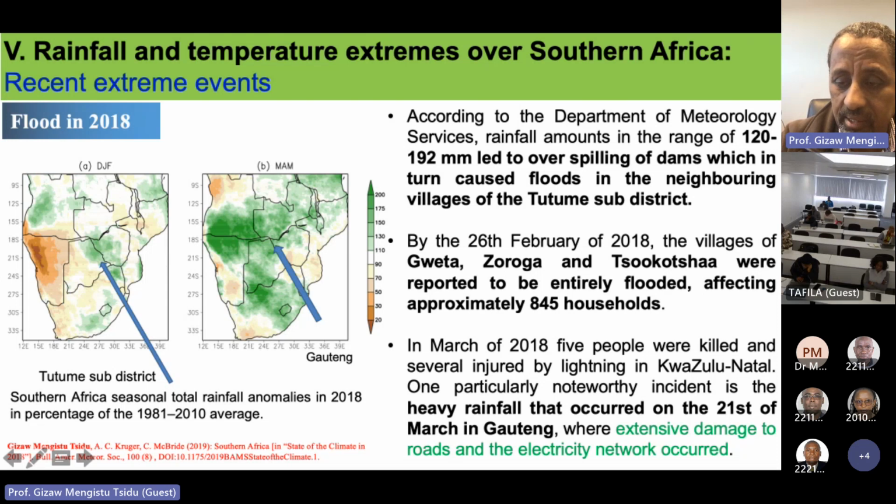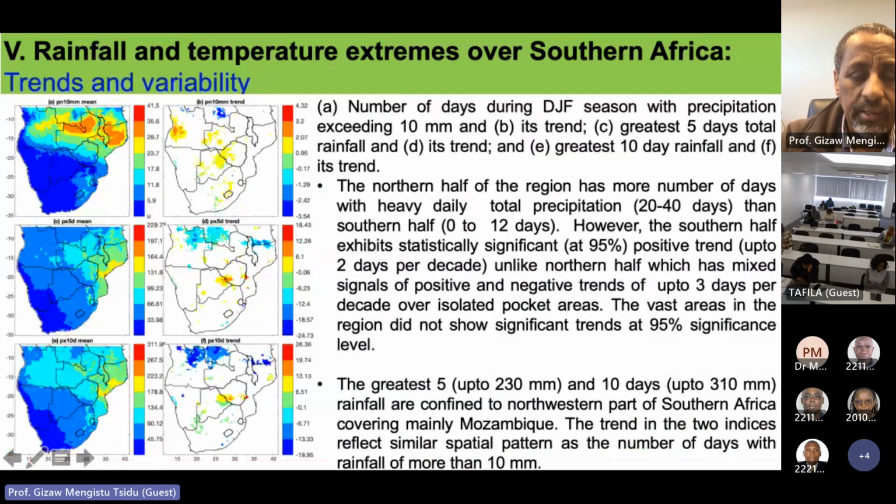For instance, in South Africa, excessive damage to roads and the electricity network occurred because of this excessive rainfall in 2018. That was just information for you that these extreme climate events are happening in the region. You can witness them.